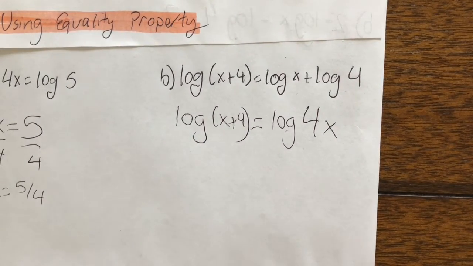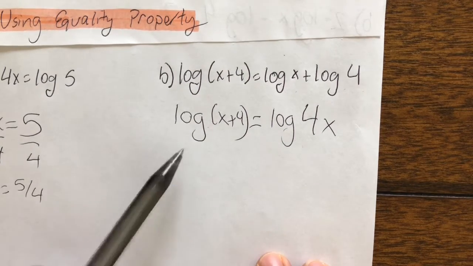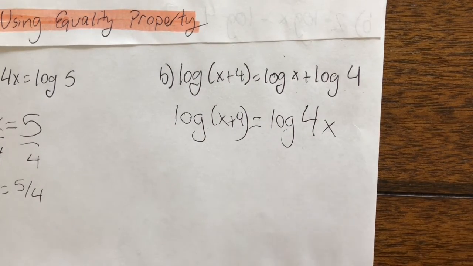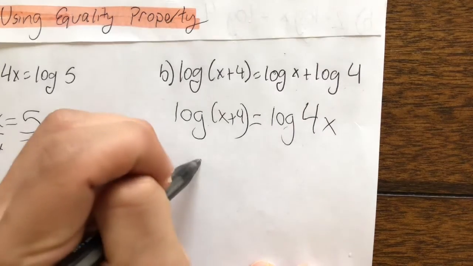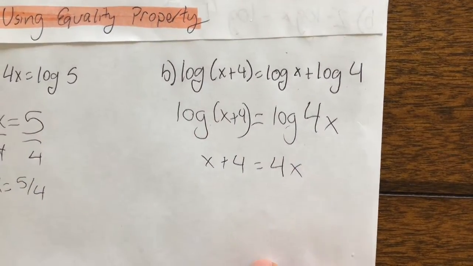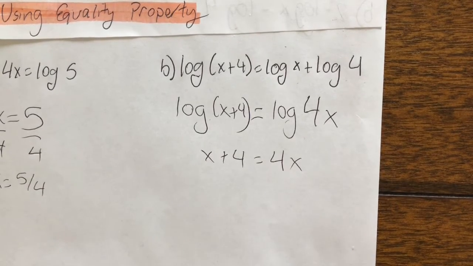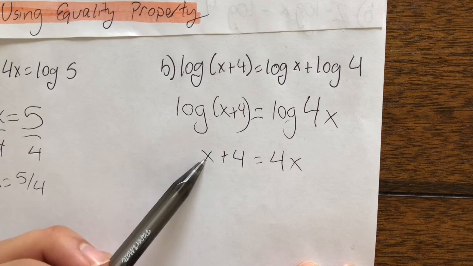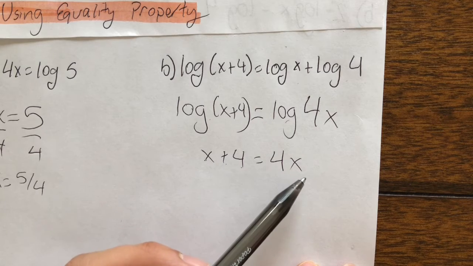All right, so I have log of x plus 4 equals log of 4x. Once again, the 2 logs are common logs, so the bases are going to be 10, so I can use the equality property. So I have x plus 4 equals 4x. Now I just need to solve. What I want to do is set x on one side and leave the number on the other side. We have x plus 4 equals 4x.